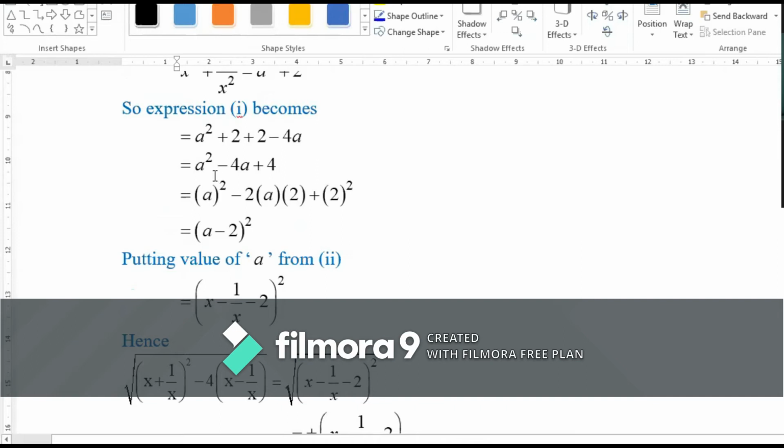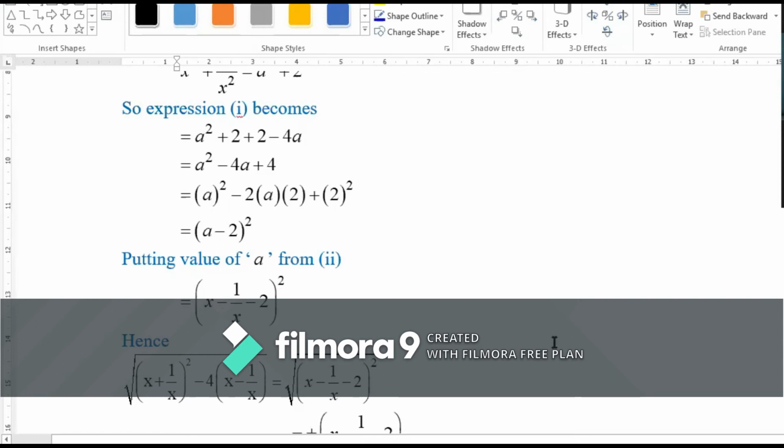Once again you have to rearrange the terms, then generate a perfect whole square. So a minus 2 whole square is there, and then you will substitute the value of a, which was taken as x minus 1 over x. Because the question was in terms of x only, not in terms of a, we substitute a with x minus 1 over x right here, and at the end you will see that it is actually a perfect square.